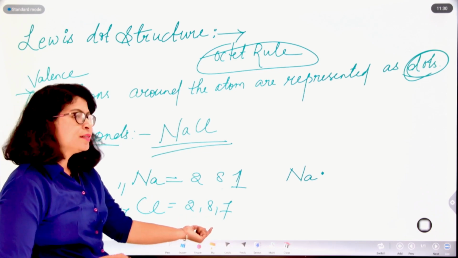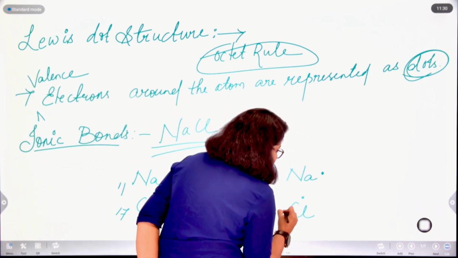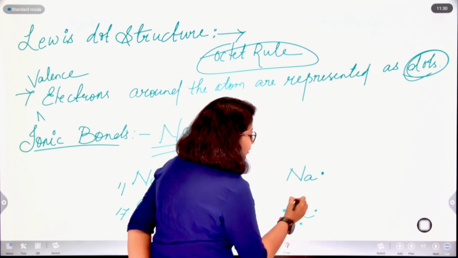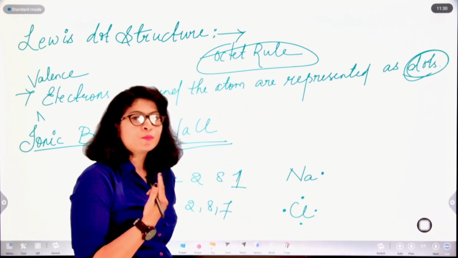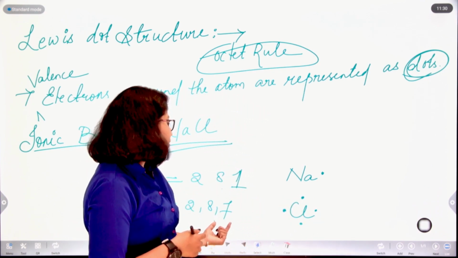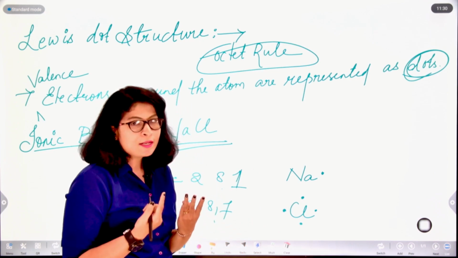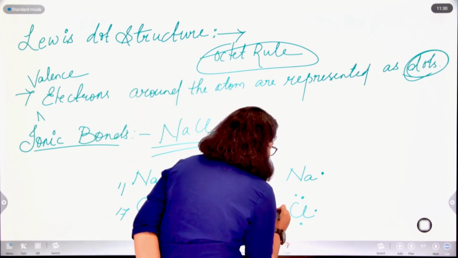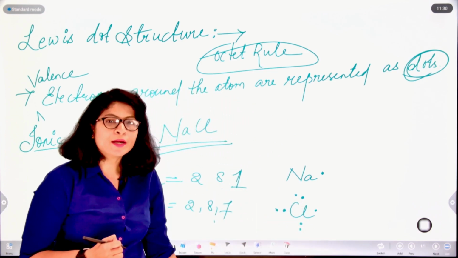I can represent the 7 as dots, and electrons like to exist as pairs, so I will make as many pairs as possible. With 7 electrons, I can make 3 pairs, that is 6 electrons, and 1 unpaired electron.